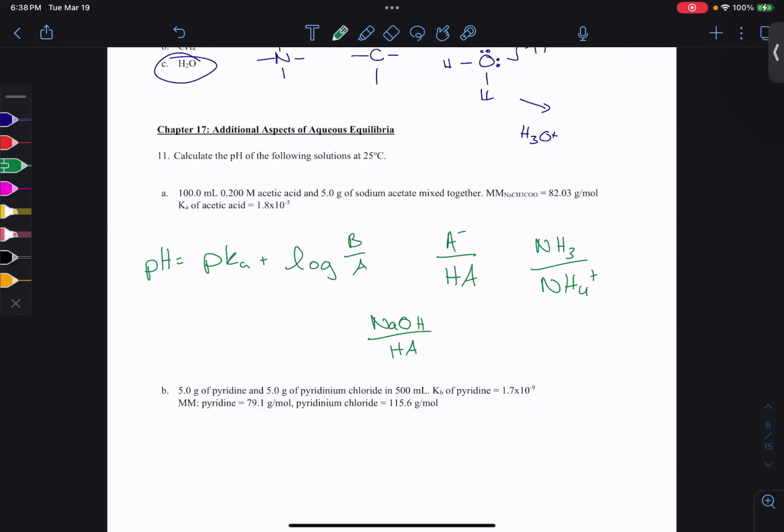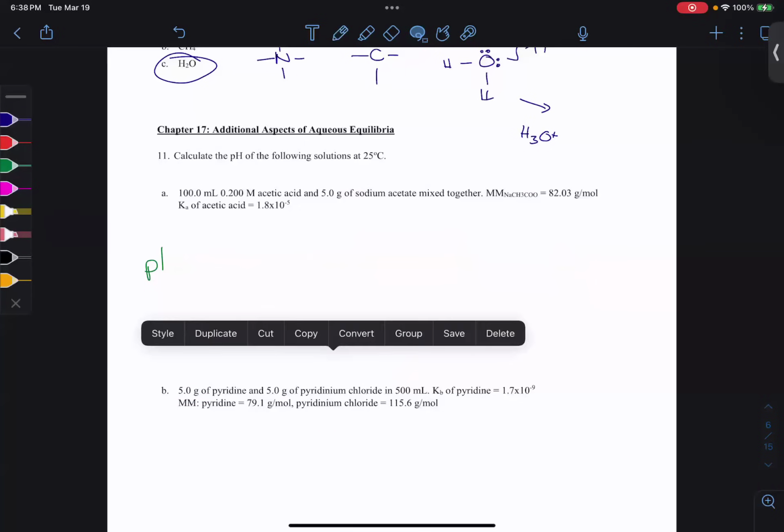When you combine these two, you have to do a neutralization first, then put those numbers into Henderson-Hasselbalch if it's still a buffer. So that's the big idea: base to acid does not mean any base, any acid. It has to be a conjugate acid-base pair. You have to figure out how much of that stuff you have present.